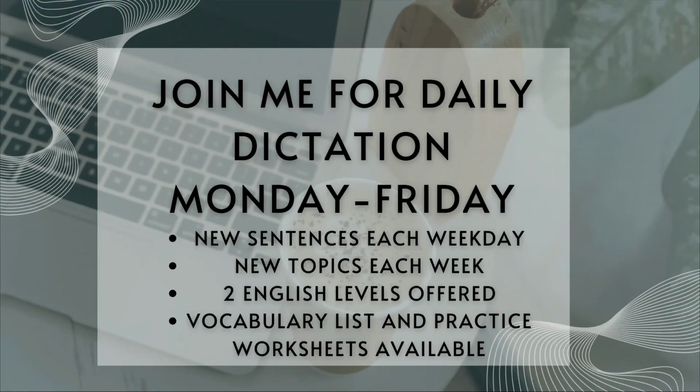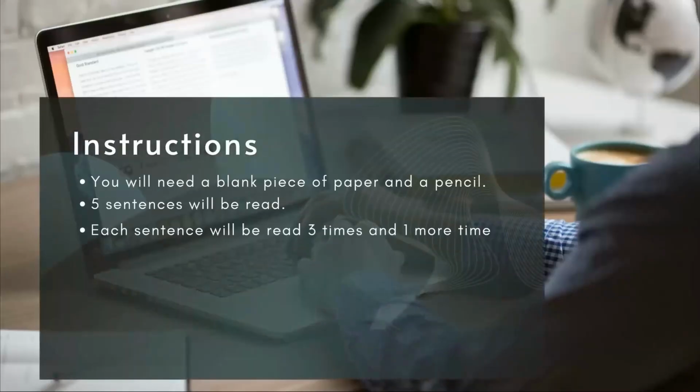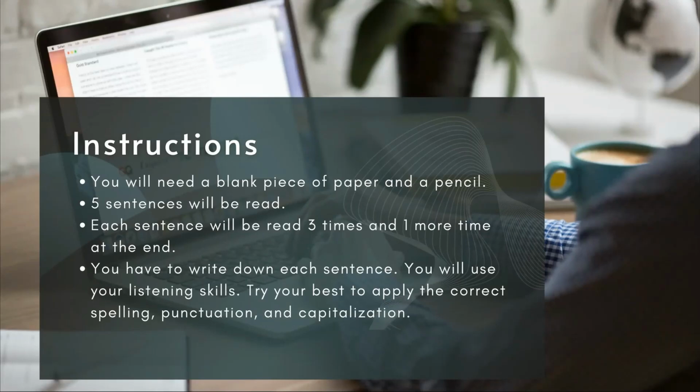Now, let's jump to our daily dictation exercise. There are some instructions. For daily dictation, you will need a blank piece of paper and a pencil. Five sentences will be read. Each sentence will be read three times and one more time at the end. You have to write down each sentence.